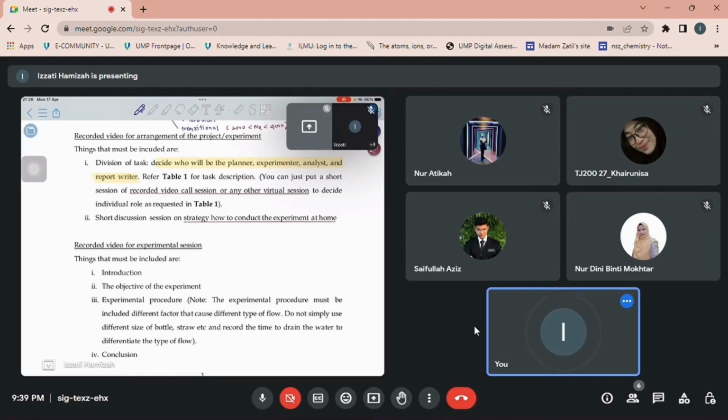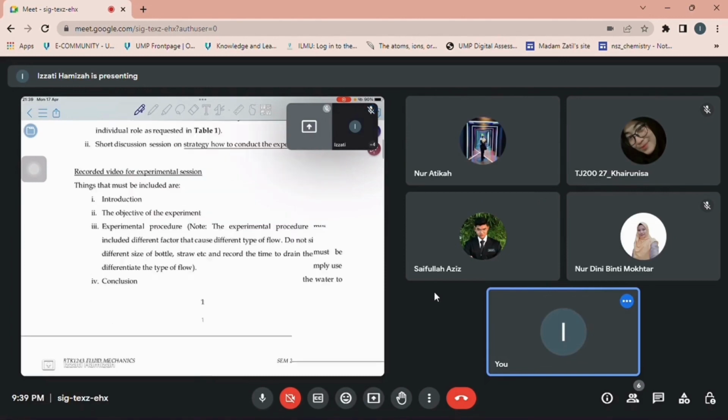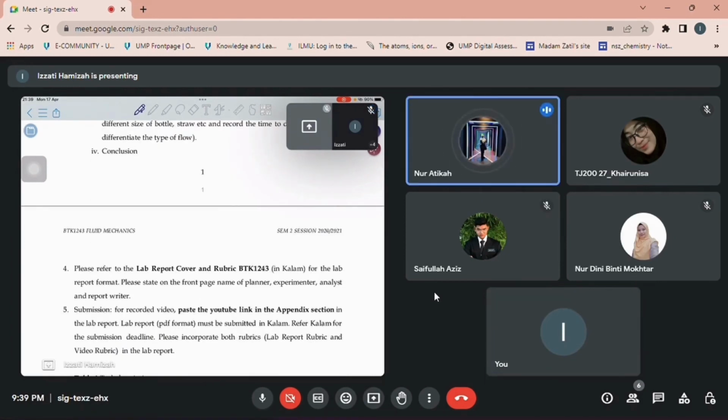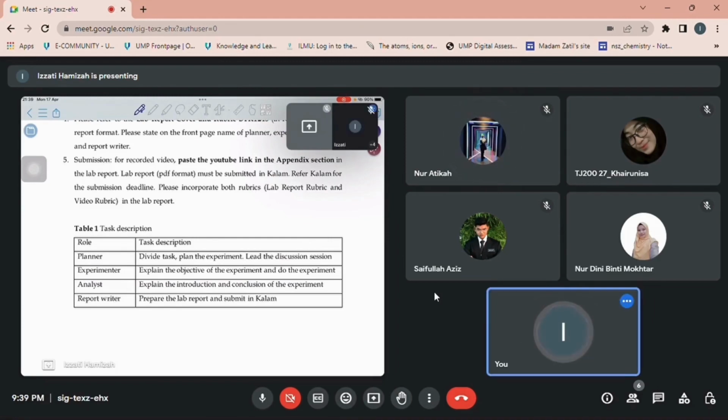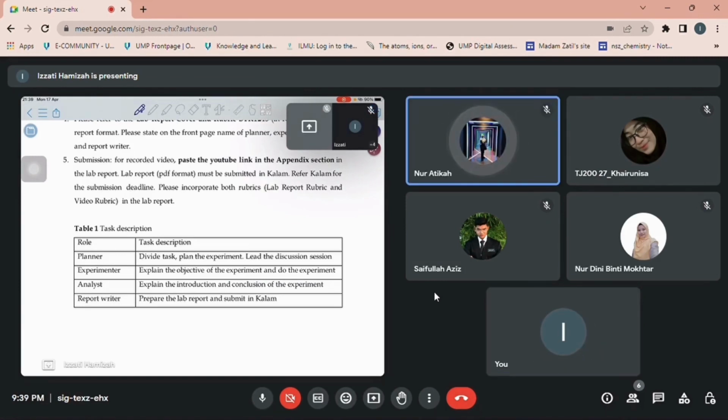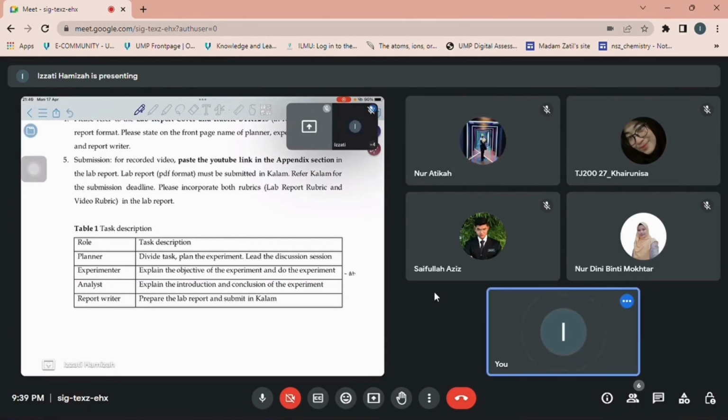Report writer. Since I'm the one who made this Gmeet, I'll be the planner. And then experimenter. Who wants to be the experimenter? The experimenter does the experiment, then makes the video, right? Okay. The experimenter just explains the objective and does the experiment. So, Atika can, right? Yep. So, Atika. For the analyst, they just explain the introduction and conclusion of the experiment.